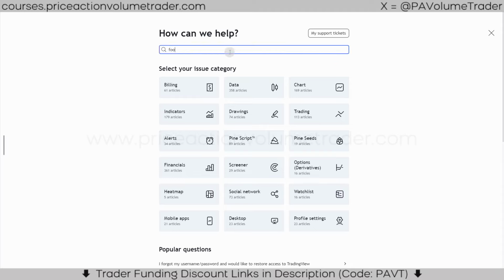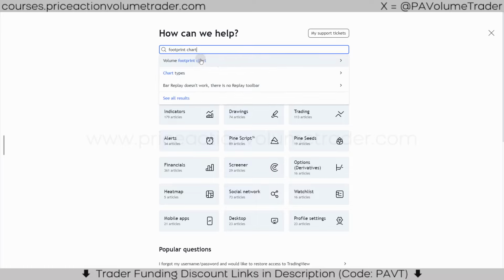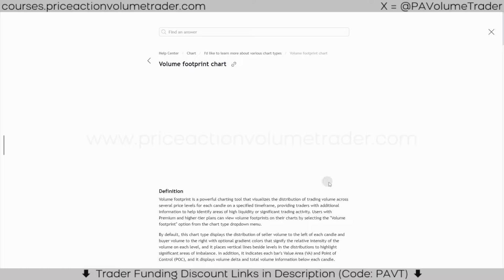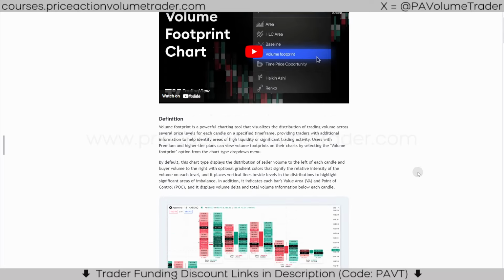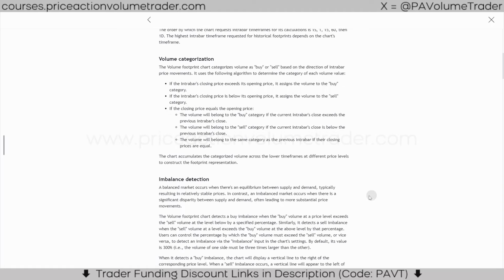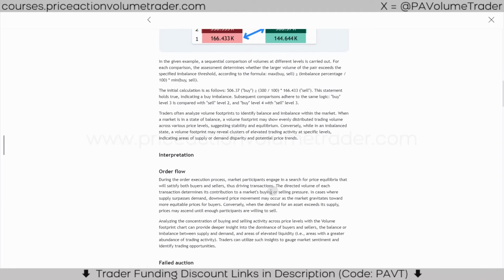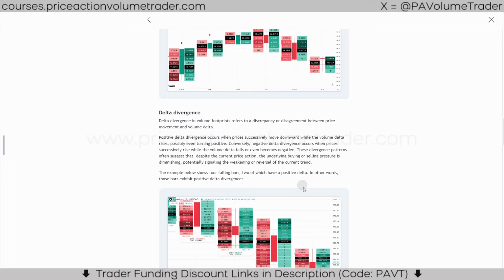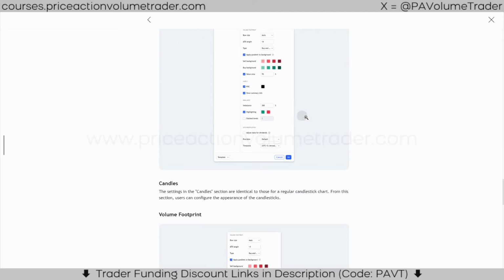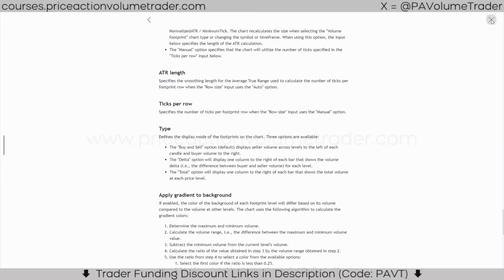If you just write in volume footprint chart, this is going to be an article that's pretty much a guide telling you everything about the indicator and how it is calculated, etc. That way you have a better understanding of how it works.